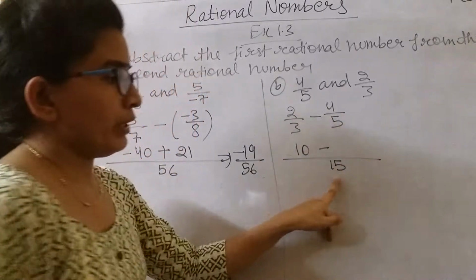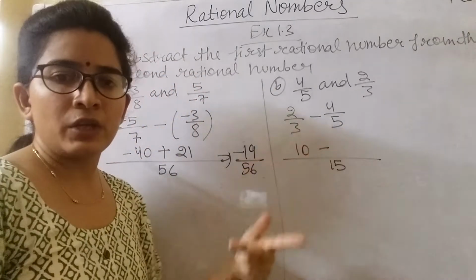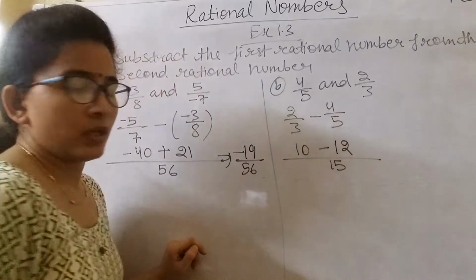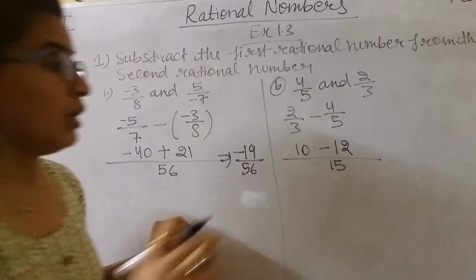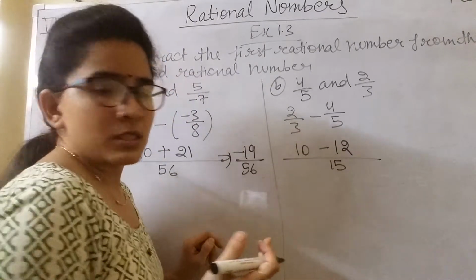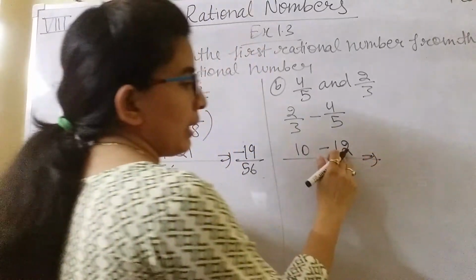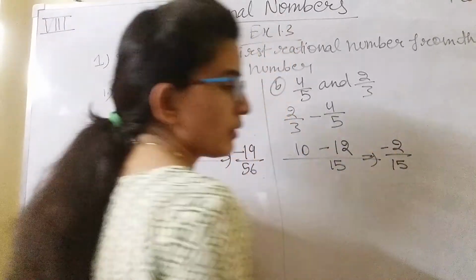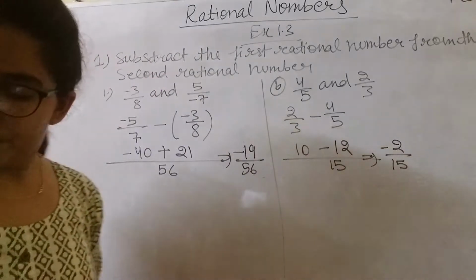And here 15 will be divided by 5, we will get 3, and 3 will be multiplying with 4, we will get 12. Now one positive, one negative will be a subtraction. So we will get -12 plus 10, that is -2 upon 15. So that is the answer.